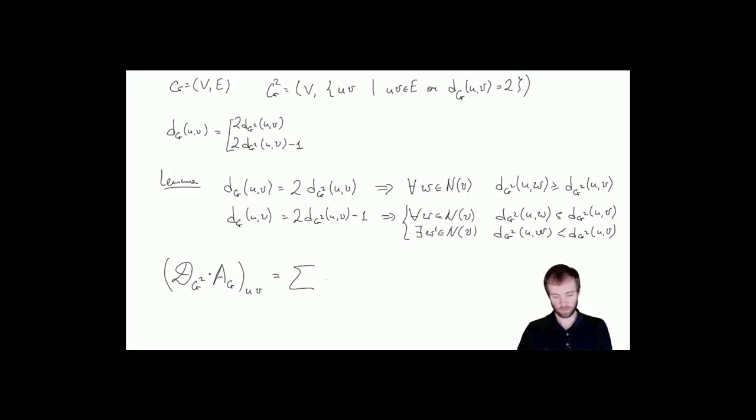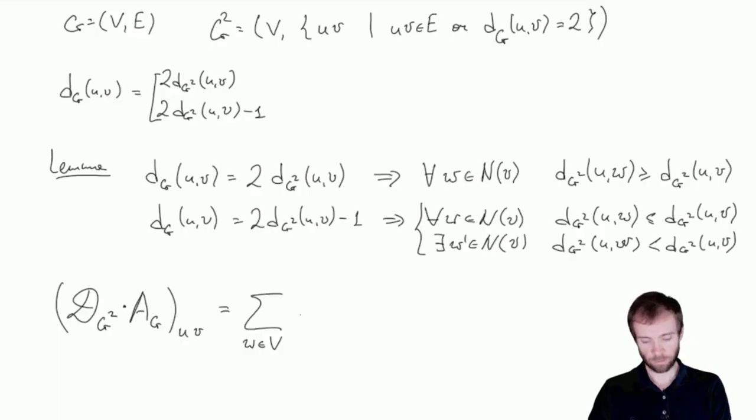So this would be the sum over some w's. Here we would have the distance from u to w in the graph G squared, because we're taking the distance matrix for graph G squared, multiplied by the entry of the adjacency matrix corresponding to the pair wv.